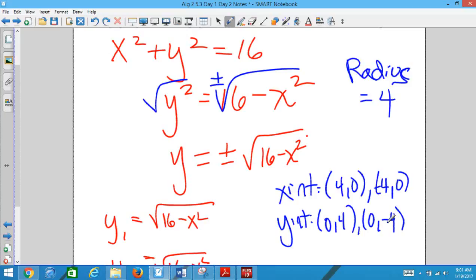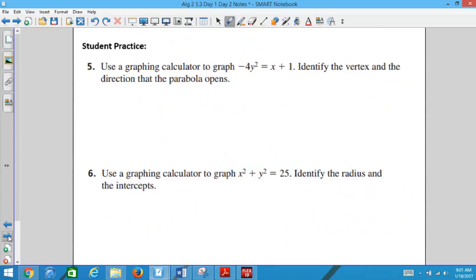Okay, so you have 2 others to try on your graphing calculator. Show me that you've got answers, and then you can grab your computer after that. You do not have to simplify it to type it in your calculator.